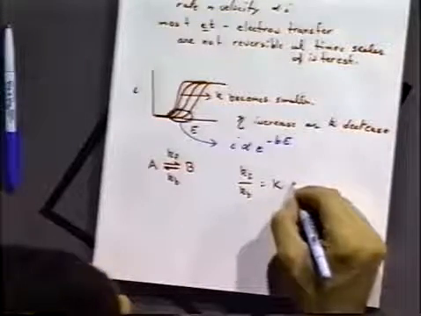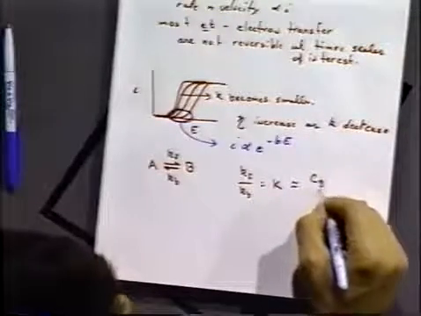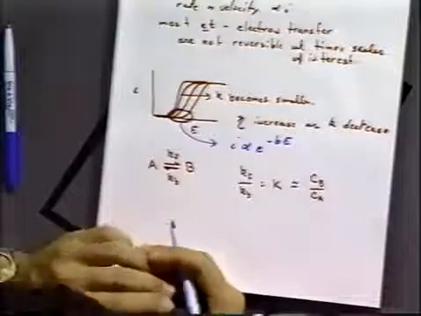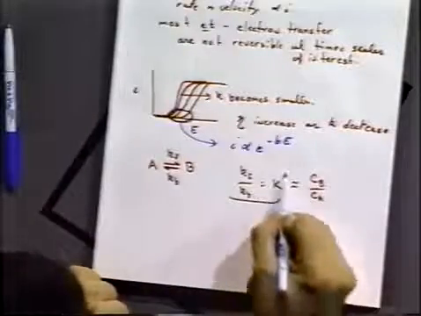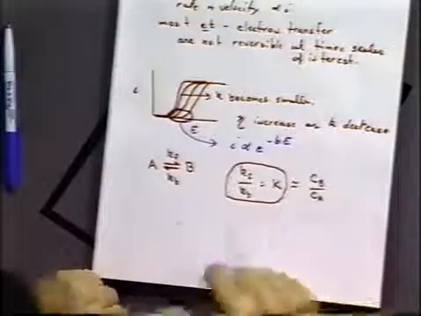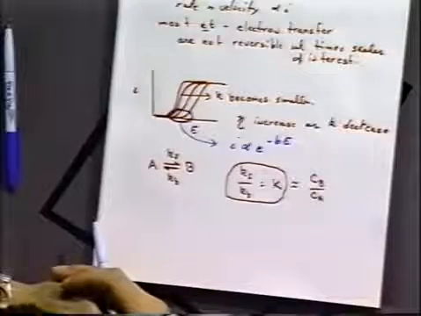It's generally proportional to the concentration of B over the concentration of A, depending on the basic reaction process. But the important thing is that K_F over K_B is equal to the equilibrium constant.